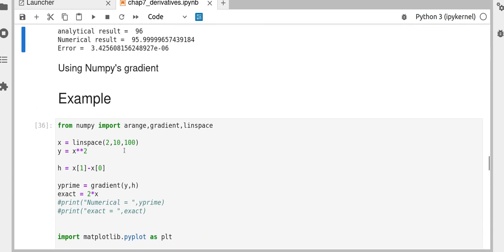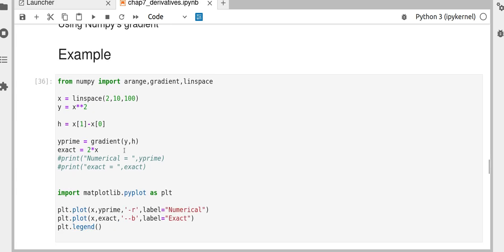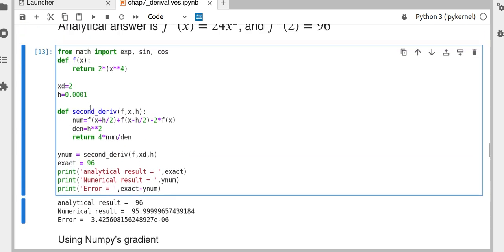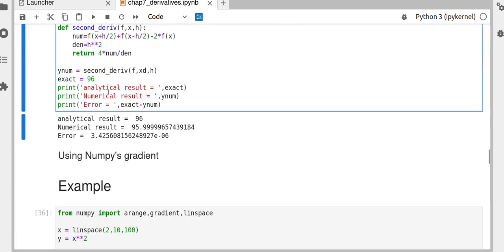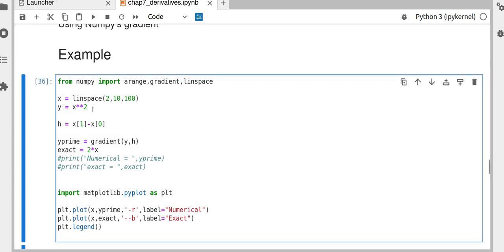Now, NumPy, to be specific, has a function called gradient that can be used to find the derivative of a function. Let's say you want to find the derivative of x squared, or we have been using 2x raised to power 4, so let me use 2 times x raised to power 4. The exact answer is 8x raised to power 3.